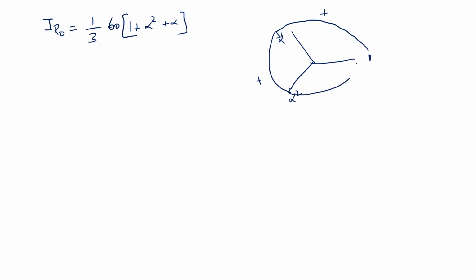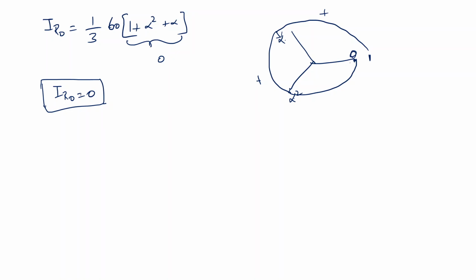Okay, so this is alpha square and it will end up at the starting position, that is 0. If I add this 0 plus alpha square, again it will come to 0 position. Correct. So this entire part is 0. If this entire part is 0, then my IR0 is also 0. So what is the conclusion here?